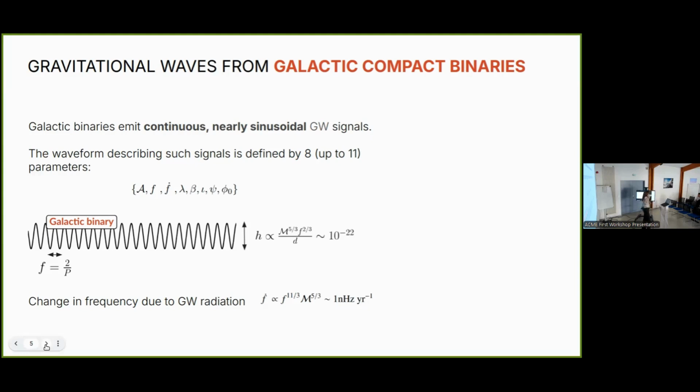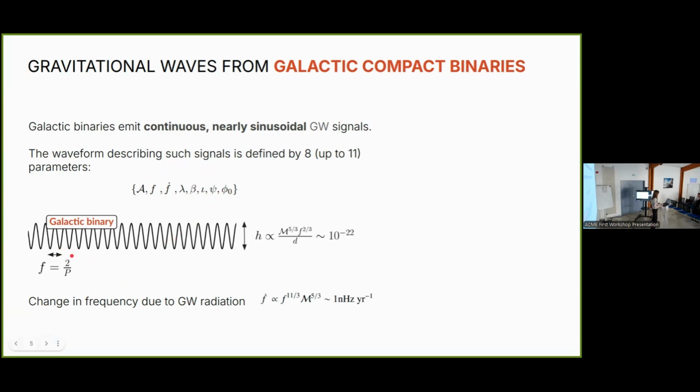Their waveforms are the simplest we know, that we can describe with 8 parameters that I have here: the amplitude, frequency, frequency derivative (the chirp), and then the angular parameters, so the sky coordinates, inclination, polarization, and binary orbital phase.